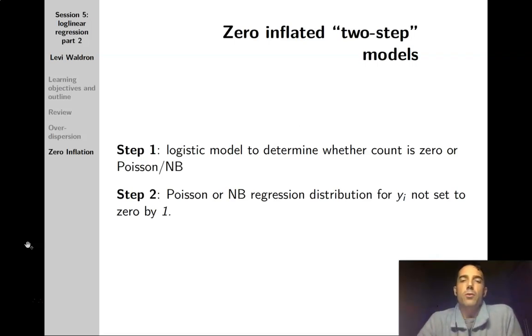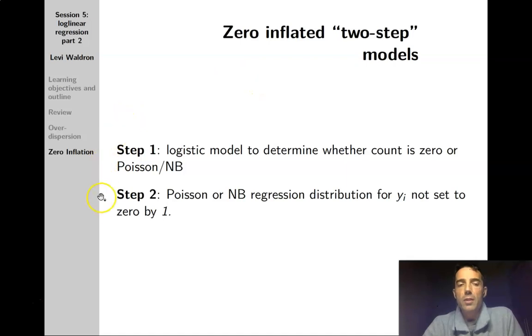So what is zero inflation? Unlike the negative binomial distribution, which was essentially the same kind of model, just with a random distribution that allowed for greater dispersion, this is really a different kind of model, and it's what's sometimes called a two-step model.